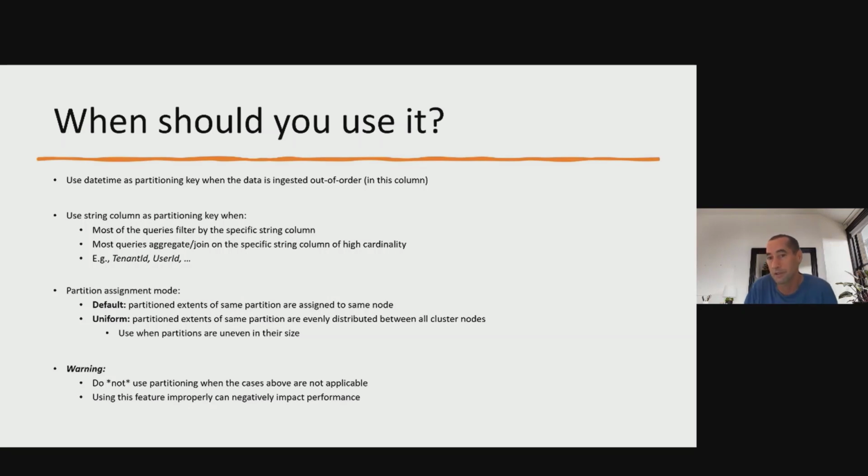Or sometimes there is a lag in the data for other reasons, and you want to make sure that when you query, you only query the ranges correctly. You don't want these values mixed with the other values, because that essentially destroys the time filter index. Then you can set the partitioning also on the datetime column, and that will ensure that all the extents will be homogeneous as it relates to their datetime column.